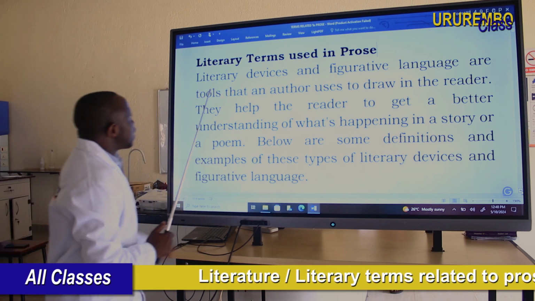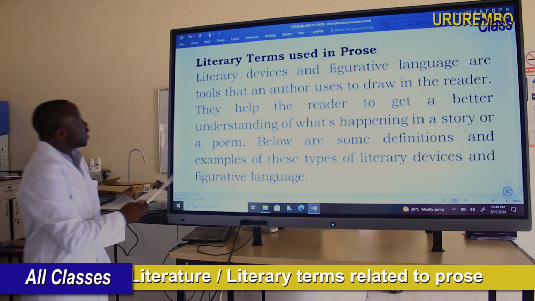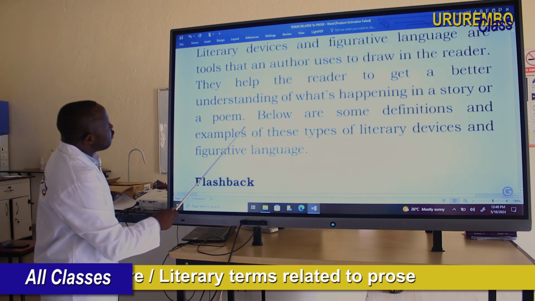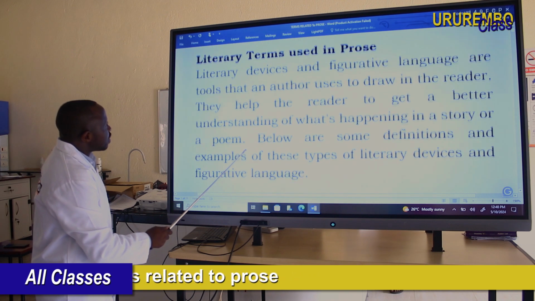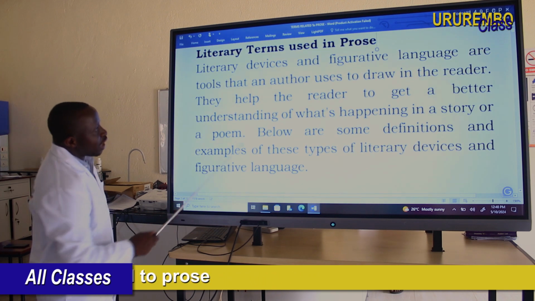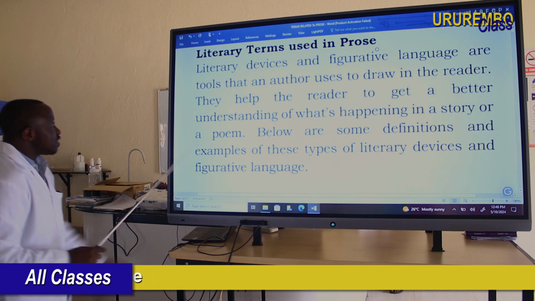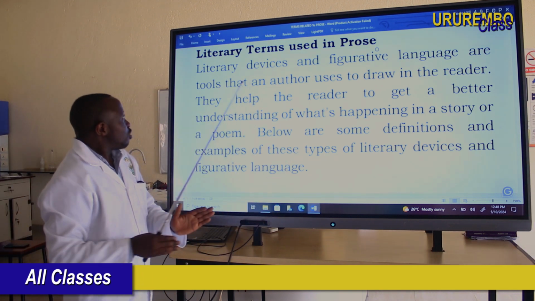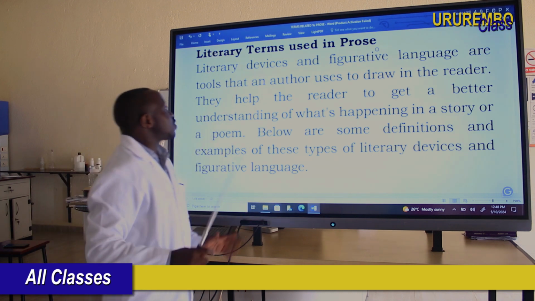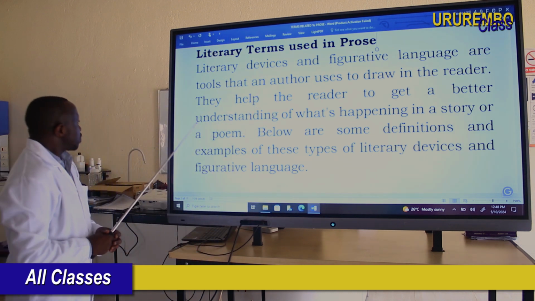So now let's begin with what is a literary device. What is a literary term? What is a literary technique? Okay? So now, these generally are the names that we call terms that we use in prose.